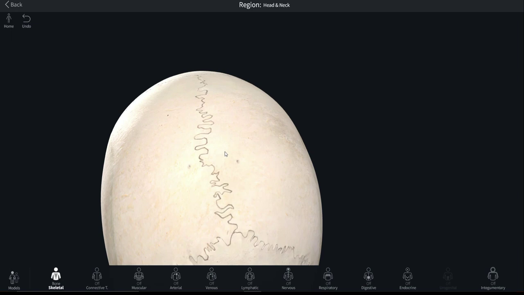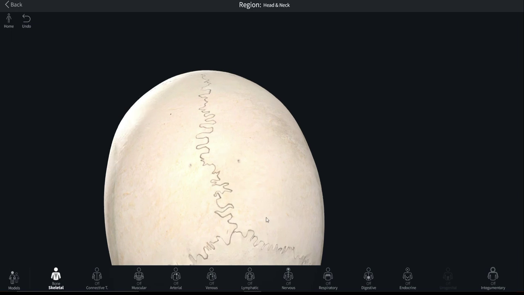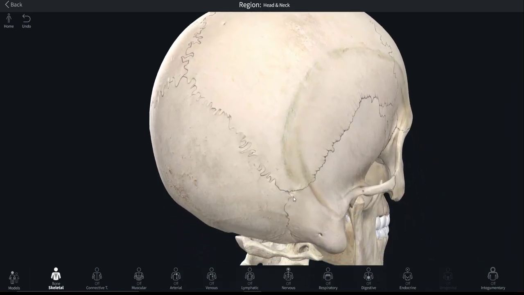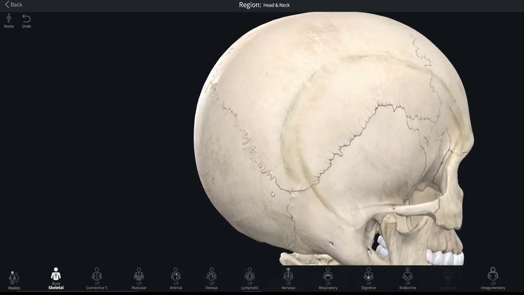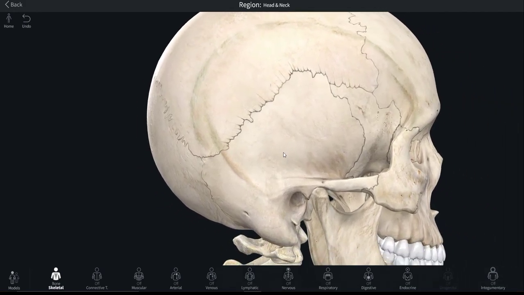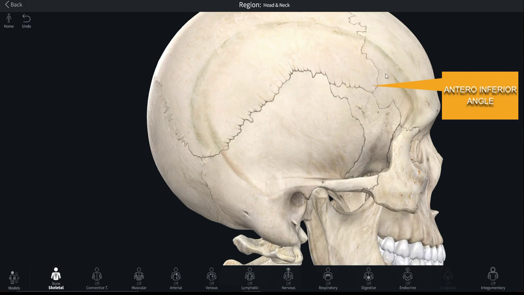Now let's move on to the inferior border. The inferior border is very interesting because it has a lot of articulations. What are they? See, this over here is the inferior border up to this. So this over here is a prolonged antero-inferior angle.